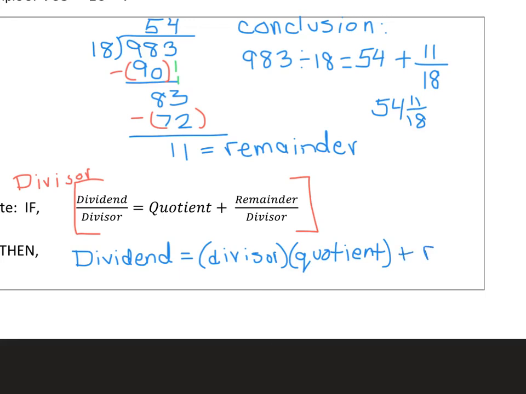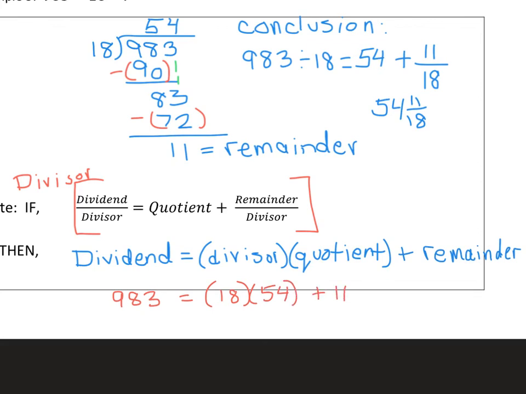So I'm just going to have the remainder left. So in our example above, our dividend was 983. We could say that 983 equals 18 times 54, our quotient, plus 11, our remainder.